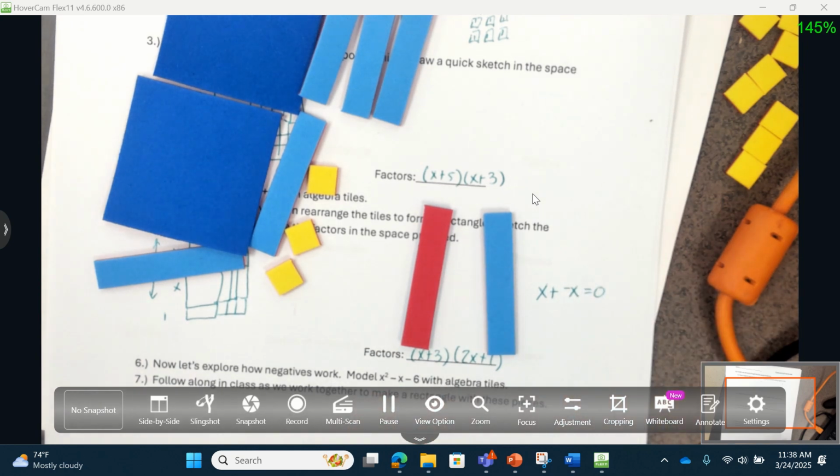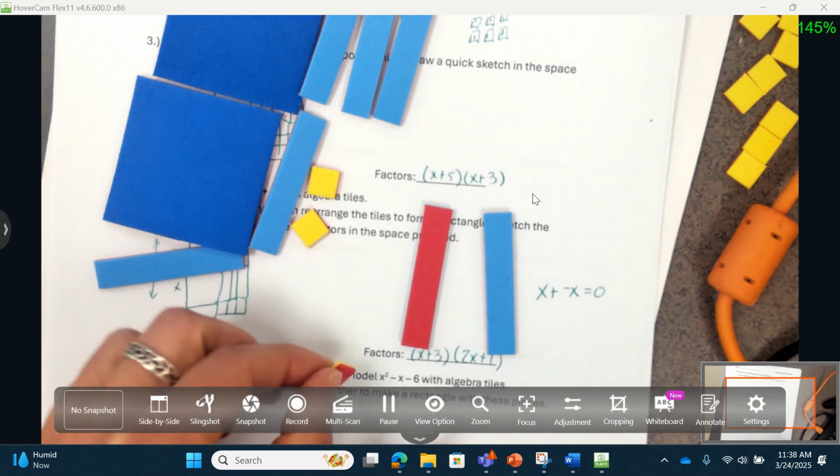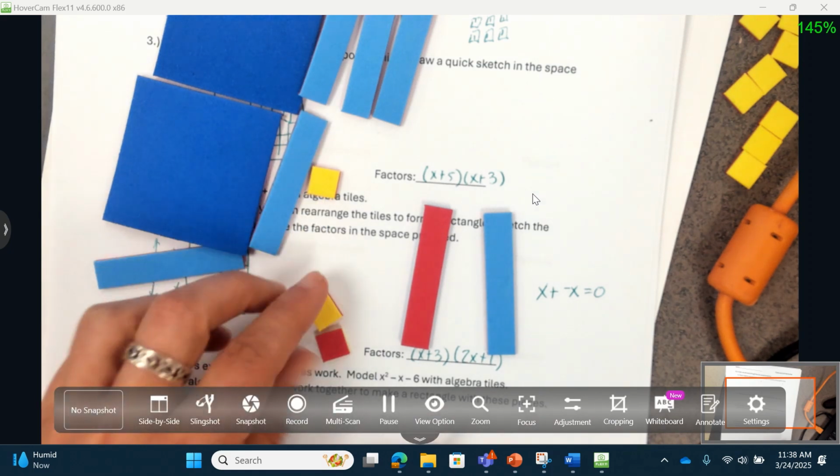So x plus negative x, so 3 plus negative 3 or 4 plus negative 4, whatever value you want to put in there, is equal to 0. Now what that means is that as long as you pair up your x's and your negative x's, you can add them or take them away from any given set of tiles, because if you add a positive x and you add a negative x to go with it, what are you really adding? You're really adding 0.